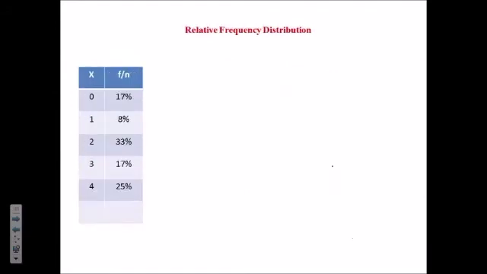Next, we go to the relative frequency distribution. From this distribution, we could make a line graph or a bar graph. Let's make a line graph. So we go 0 to 4 on the x-axis.